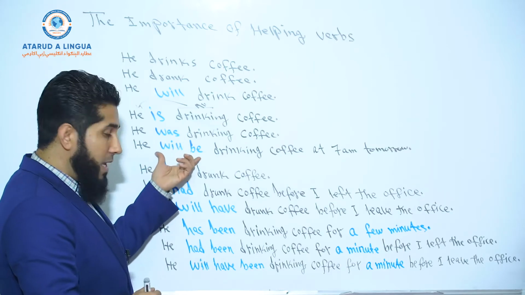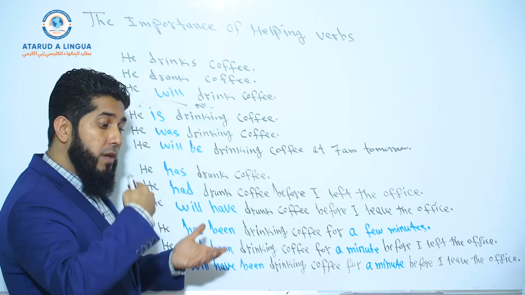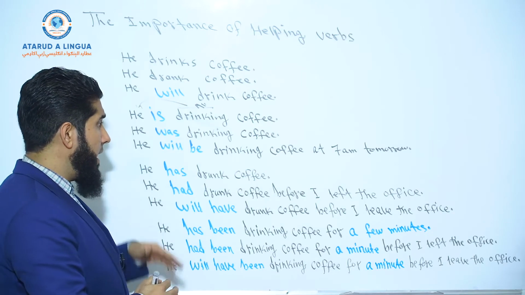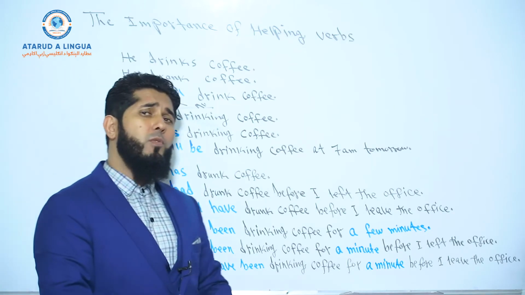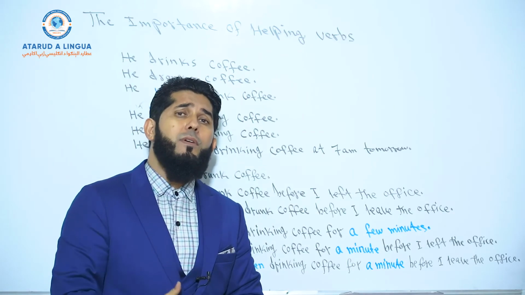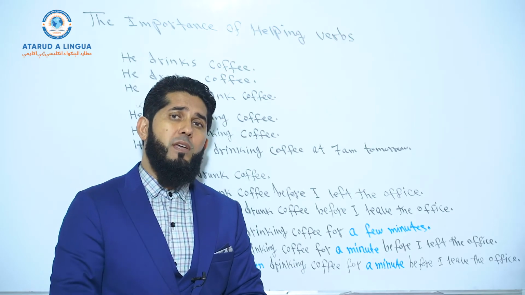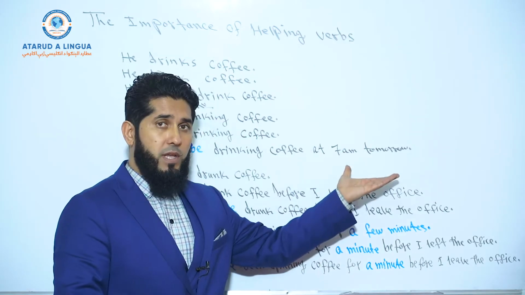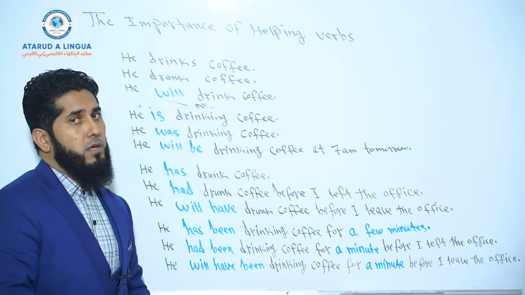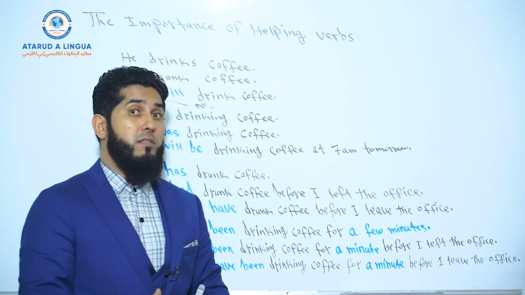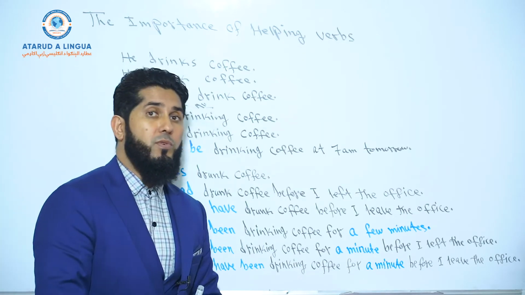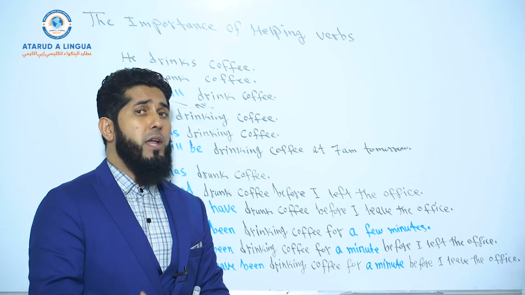Now, the helping verbs over here give us an idea that the action of drinking coffee will be in progress at a specific time in the future, 7 a.m. Sometimes it could be an idea that the action will be in progress before another action in the future.